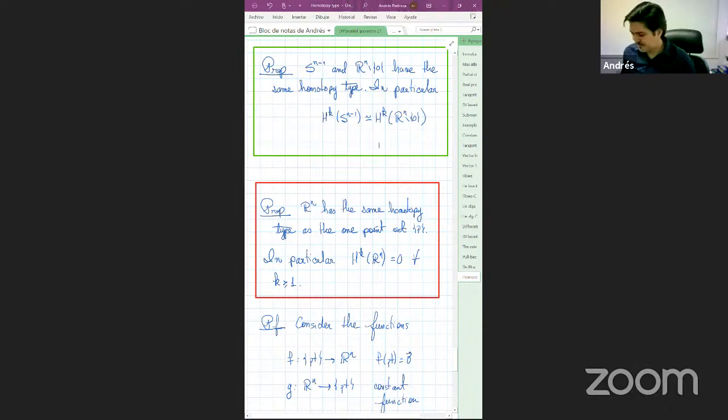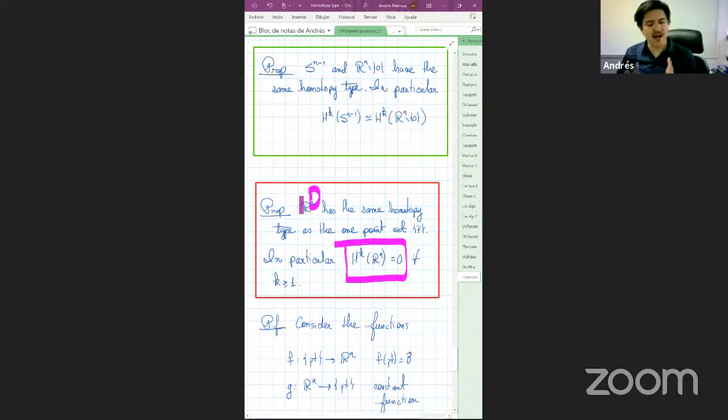Now, before I move on here, I forgot to mention, remember that we already proved this for n equals 1. We used the fundamental theorem of calculus. We used the definition of de Rham cohomology.